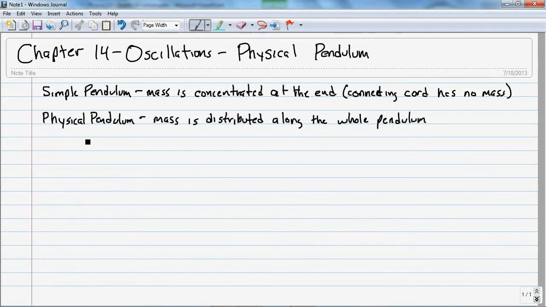Now, because the mass is distributed, we can't use the last analysis to solve this. Instead, we need to use torque.